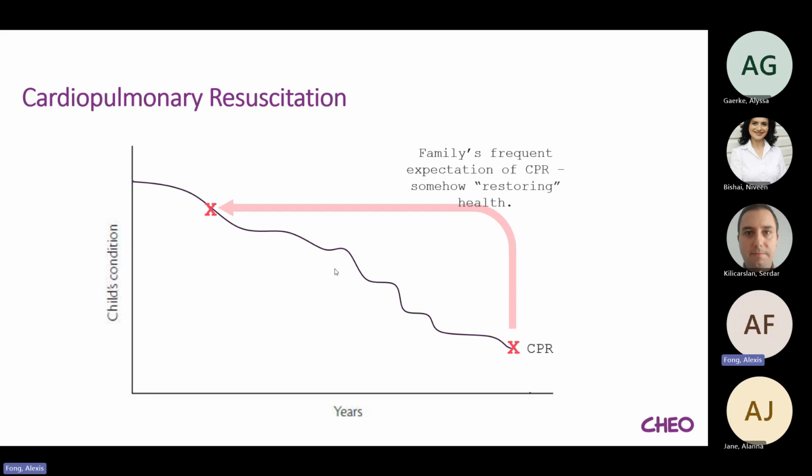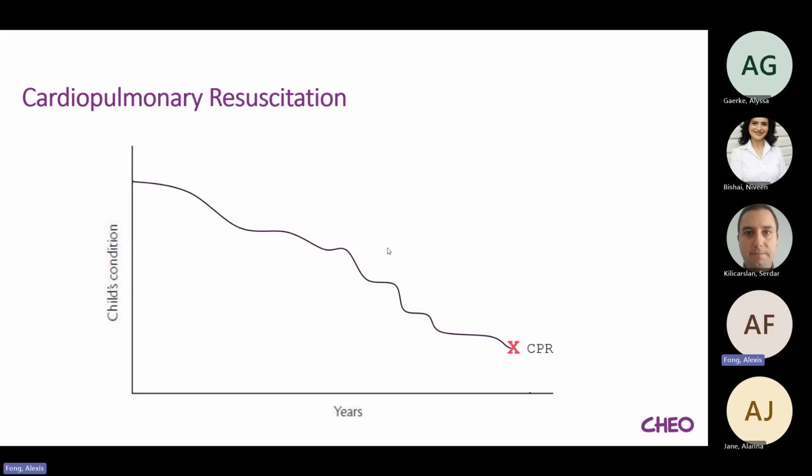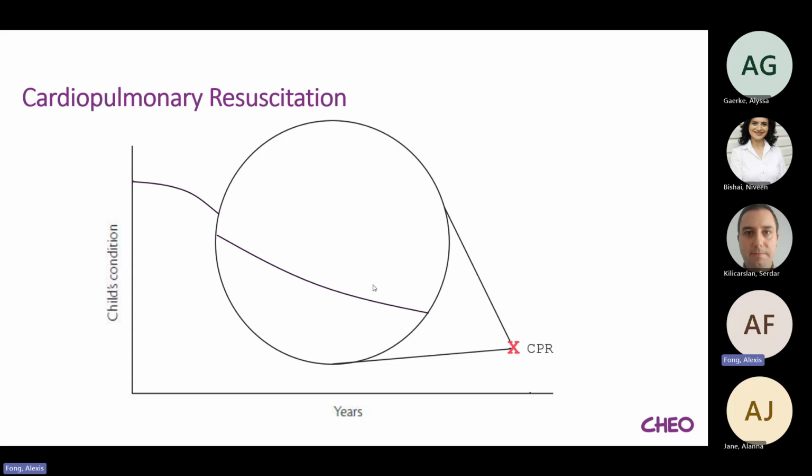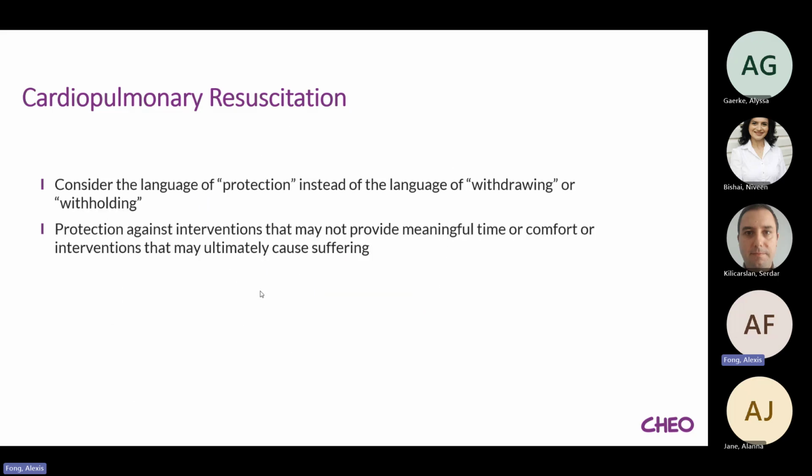Often parents have this magical thinking that after CPR, it's going to reset things, and they're going to go back to a healthier place than they were before they got CPR. In reality, when we zoom in here to the minutes before CPR was given, that's really your trajectory when CPR is not indicated, or sometimes even worse than when CPR was given. So it's important to clarify with families their expectations surrounding CPR.